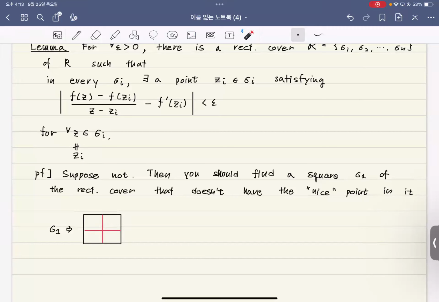So the area of every square in this new rectangular cover is just 1/4 of the original, right?